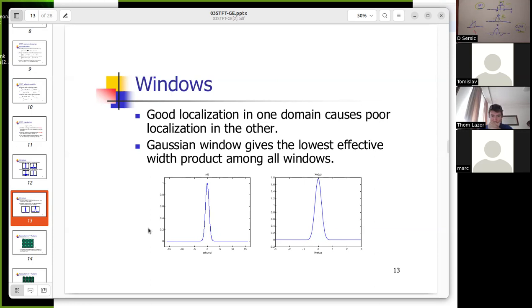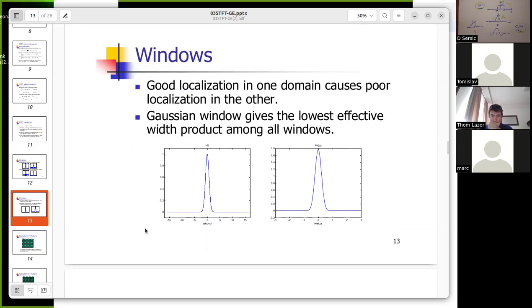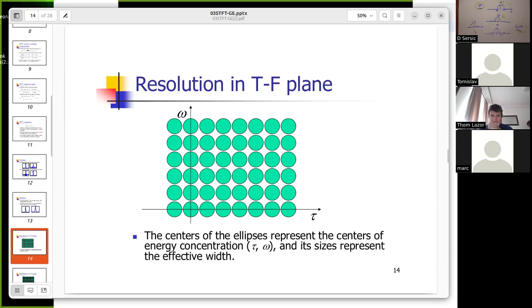If we just want somehow to present that resolution in this picture, the resolution is represented by circles, its dimensions. So we can see the time axis, which is tau, and the frequency axis, which is omega.